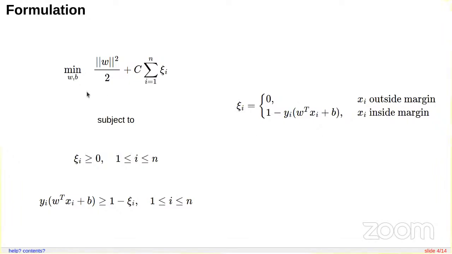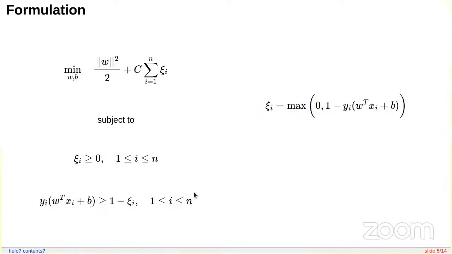See, this is the objective, right? The soft margin objective. Now, this is where the whole hinge loss and all that comes in. We can rewrite these two constraints in this form. Do you all agree that we can do this? For points that lie beyond the margin, this error is going to be 0.